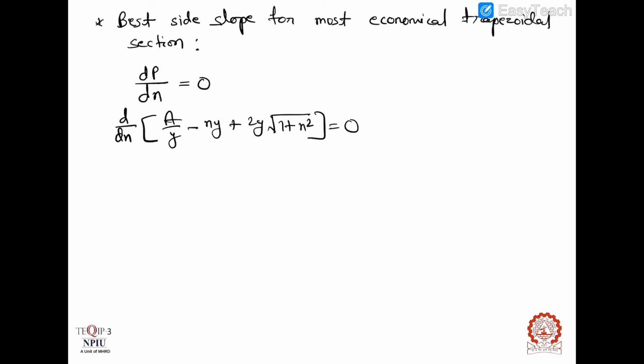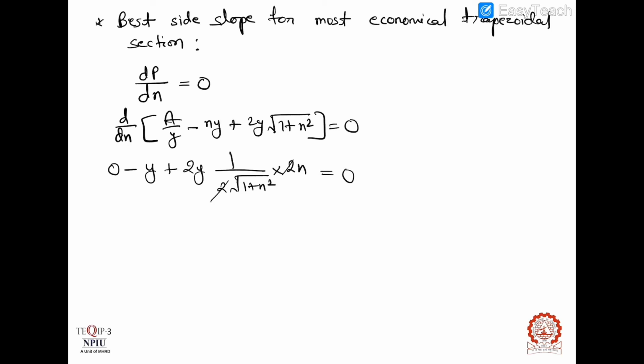So A upon y will be 0, minus differentiation of ny will be y, plus 2y, this will be constant, and the root over 1 plus n square. The differentiation of this term will be 1 by 2 root over 1 plus n square, and again we differentiate n square, this will become 2n, is equal to 0.